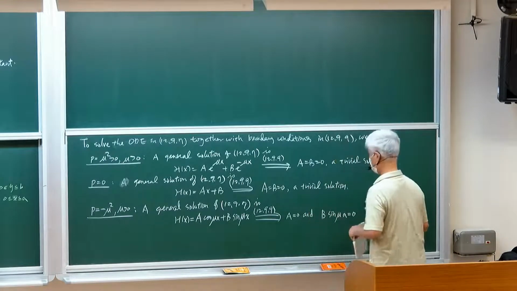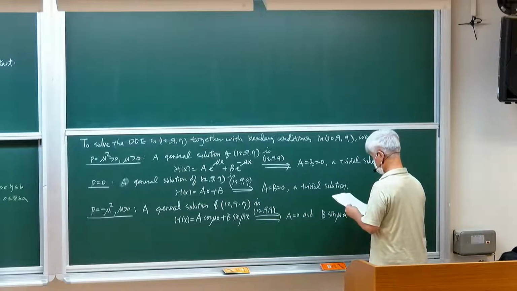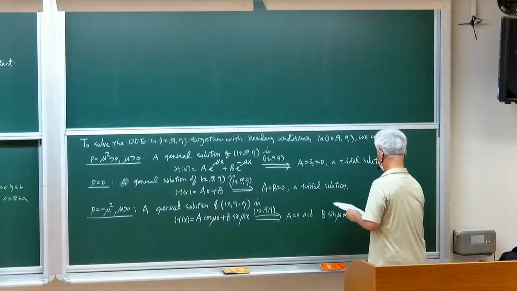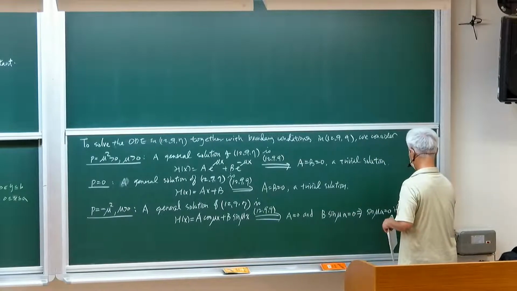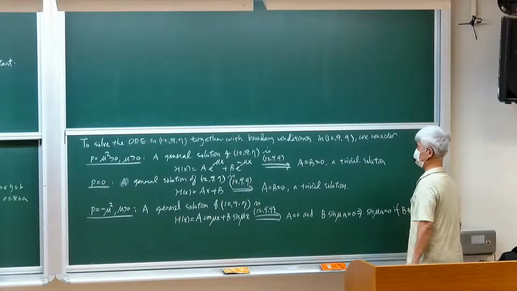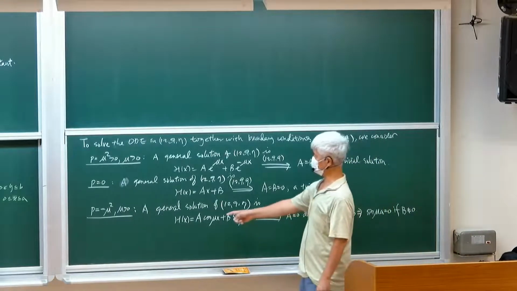This implies that sine mu a must be 0 if B is not equal to 0, because if B is 0, we have a trivial solution.